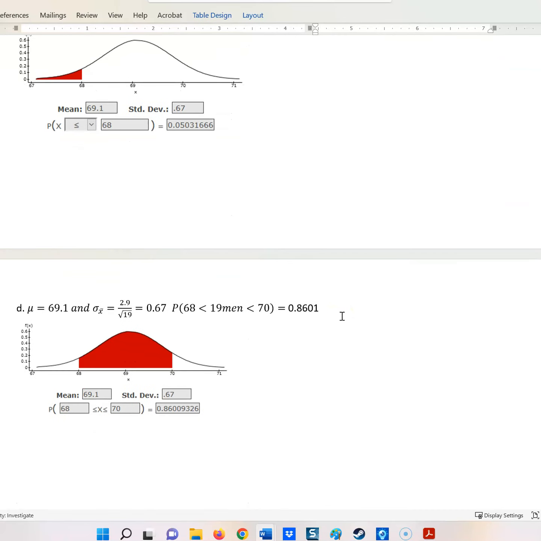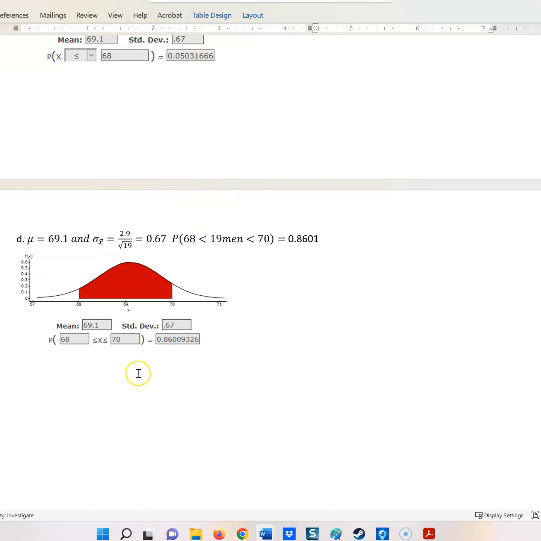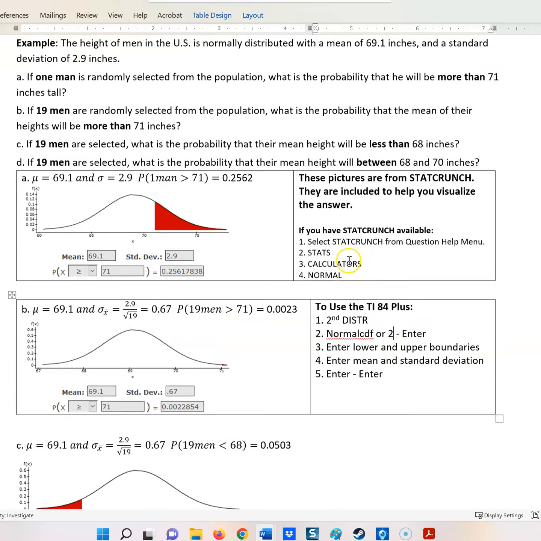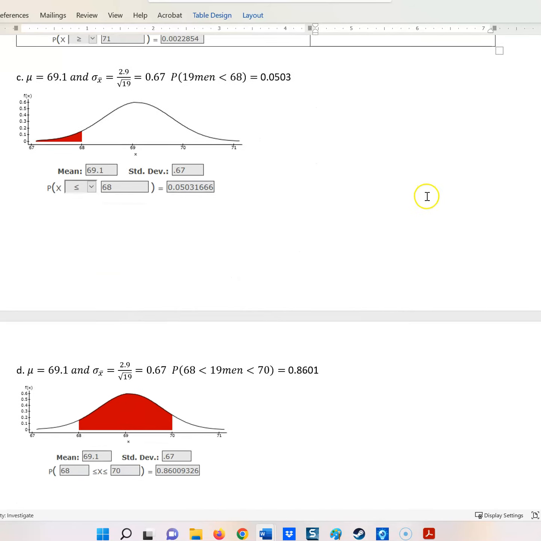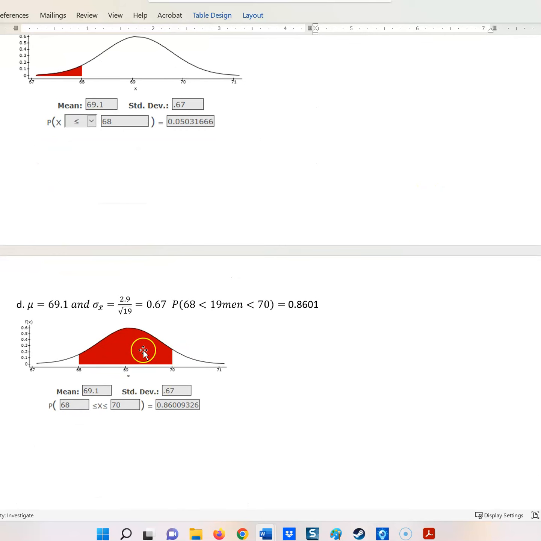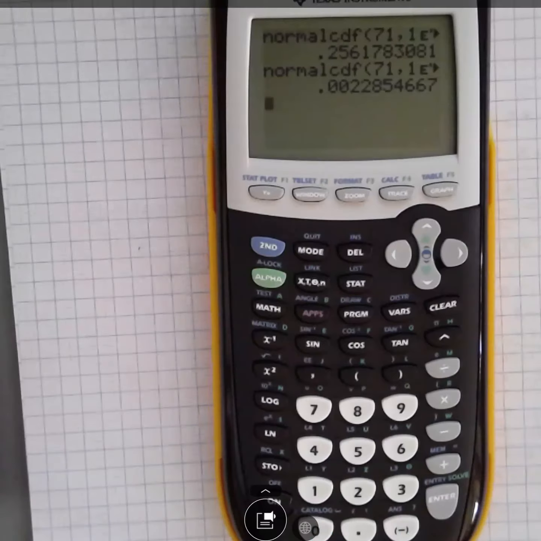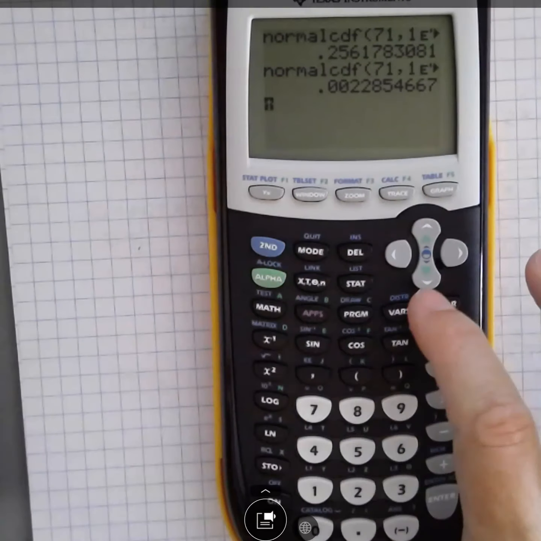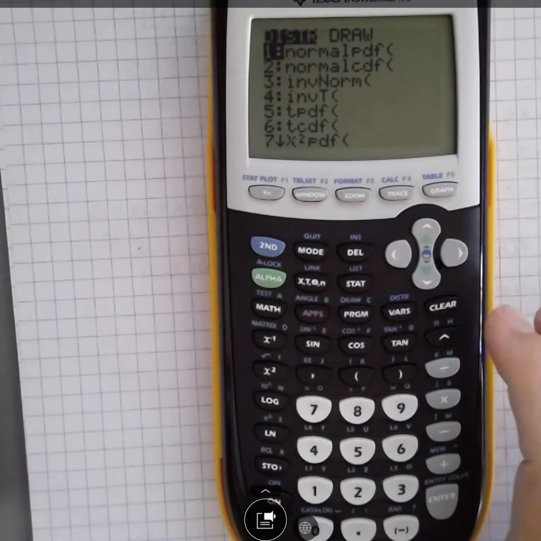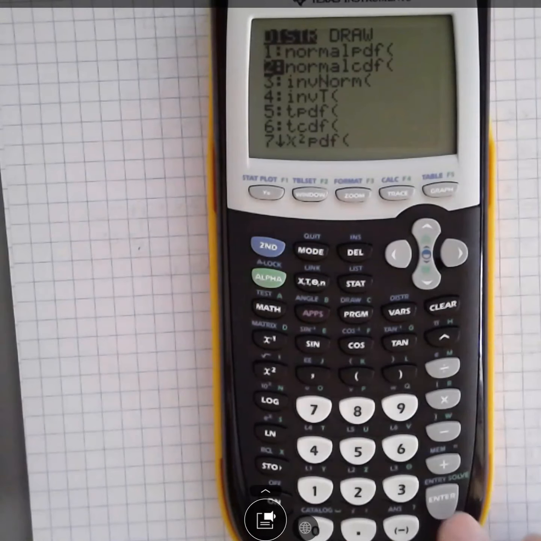And you could also do this where you're just looking between two values. The problem said, what if 19 are selected, what's the probability that their height is between 68 and 70 inches. So down here, we would do that a little differently if we put it into the calculator, and that would look like this. We would have second function distribution, and then go down to 2 and hit enter.